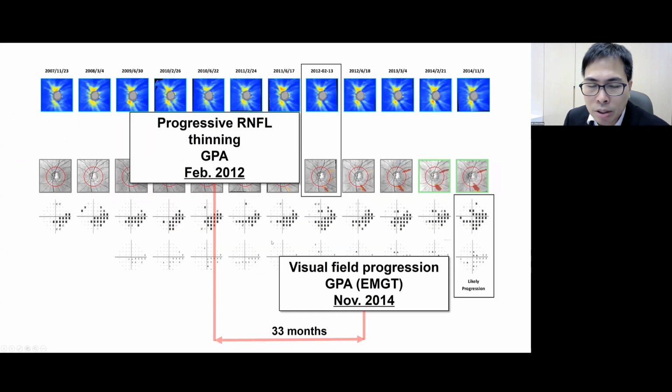The importance of using OCT to evaluate retinal nerve fiber thinning is based on the fact that a lot of these changes can be predictive of future loss of the visual field. Here in this example, you have progressive retinal nerve fiber thinning detected 33 months before you see visual field progression detected by GPA.